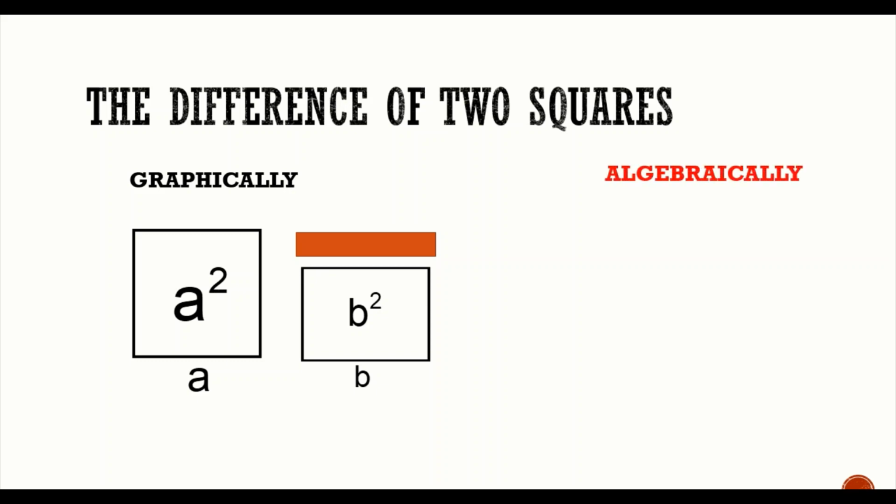We can write the area of this red rectangle algebraically as the area of the big square minus the area of the smaller square. So this is a squared minus b squared, which is a difference of two squares.